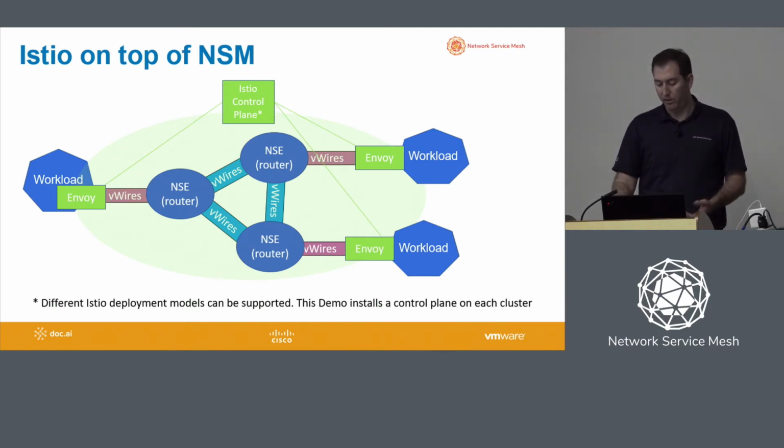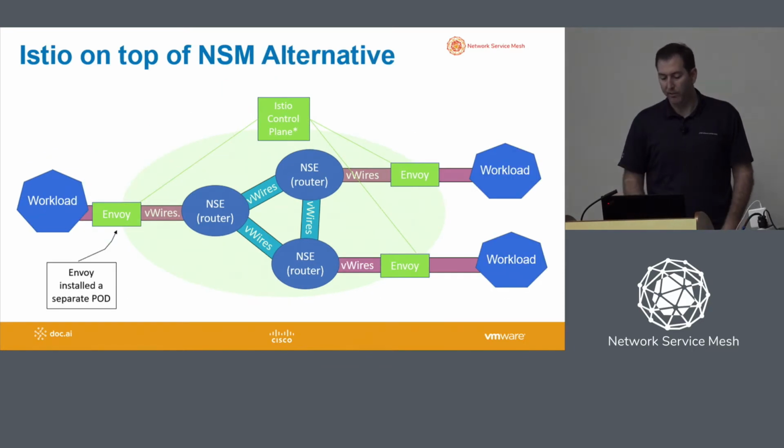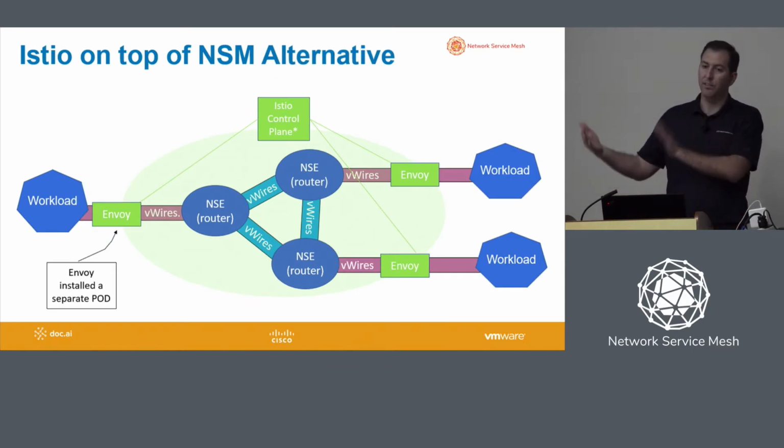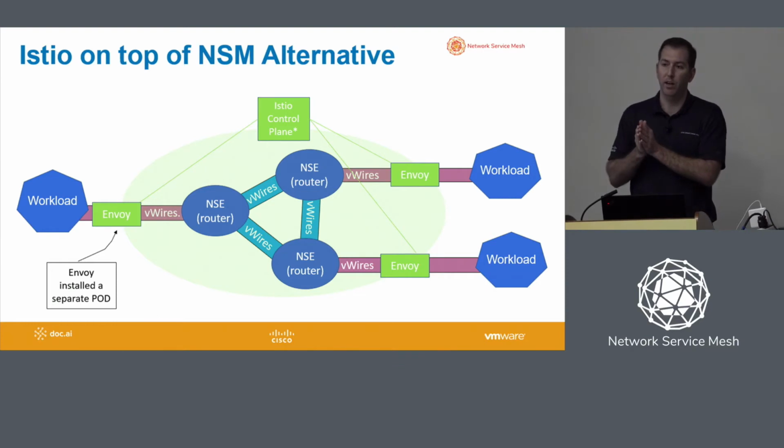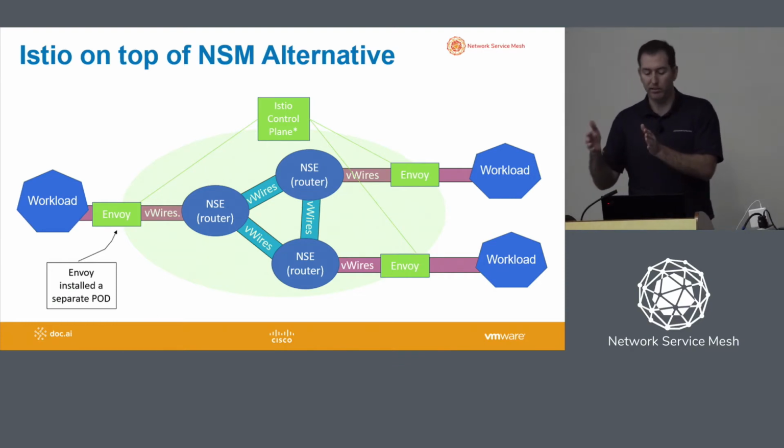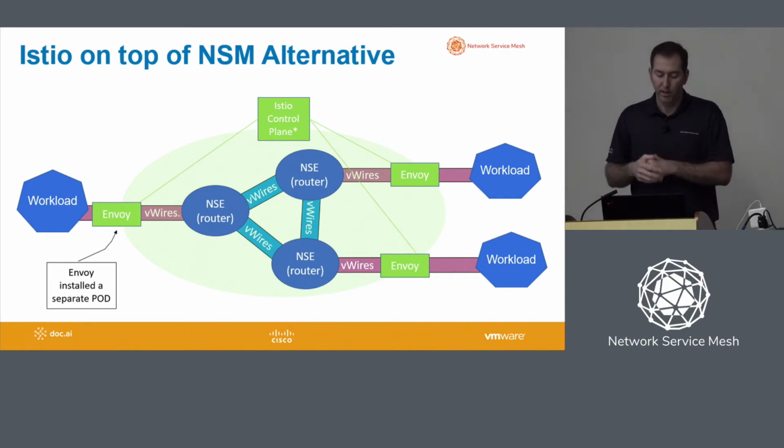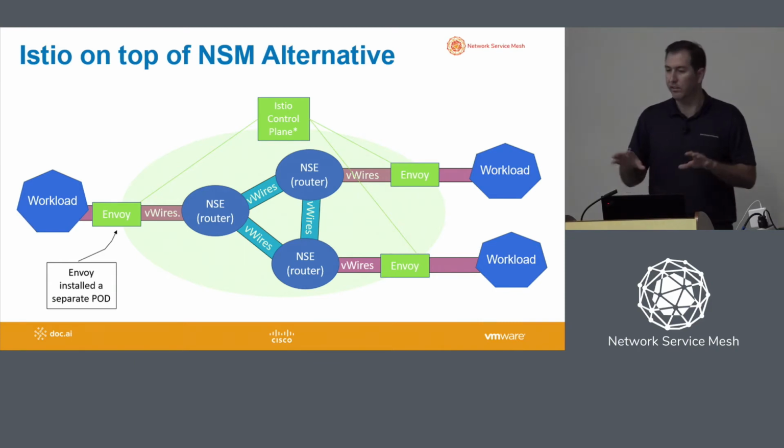There is some thought and work going into having Envoy be outside, so it's a separate pod and like a separate network service in the chain. That's not what we're demonstrating, but that is an idea that we're trying to work through a little bit.